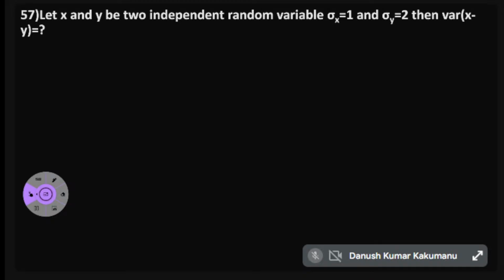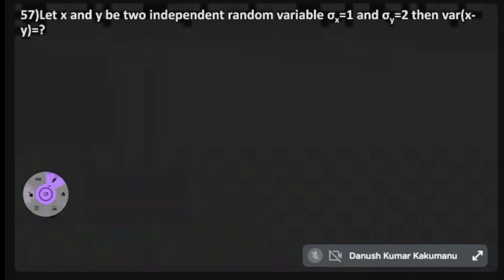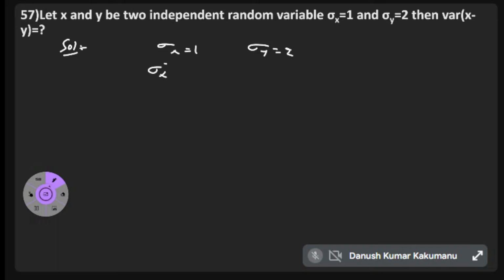What is the data given here? Sigma x is 1, sigma y is 2. Sigma means standard deviation. Then what is the variance of x, and what is the variance of y?